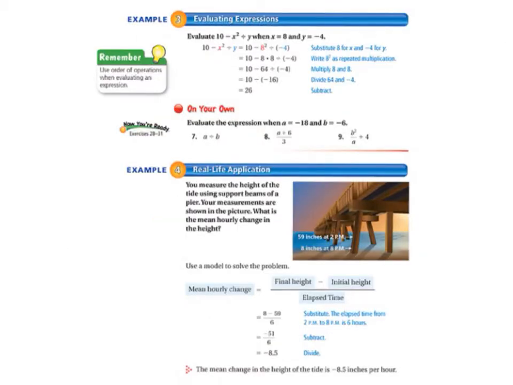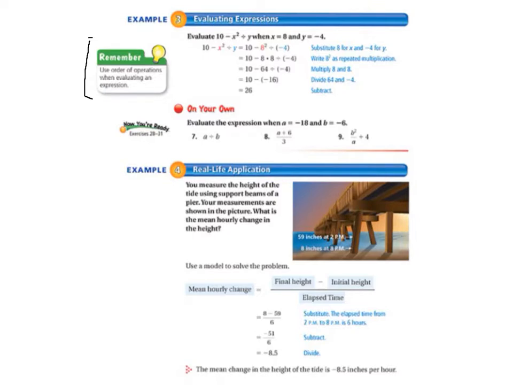So here are our answers down here at the bottom. Now let's look at example 3, where we're evaluating expressions, and we have to remember to use our order of operations when we're evaluating an expression. So our expression is 10 minus x squared divided by y when x equals 8 and y equals negative 4.